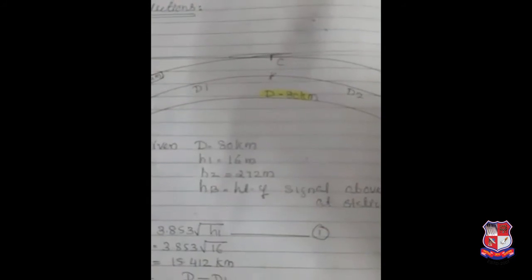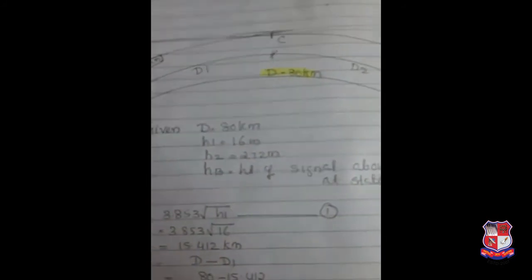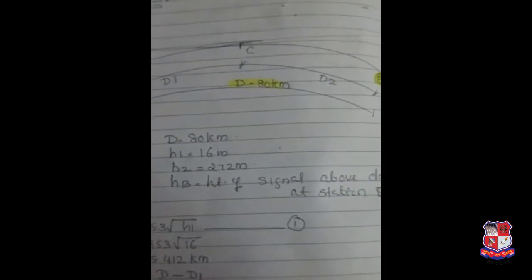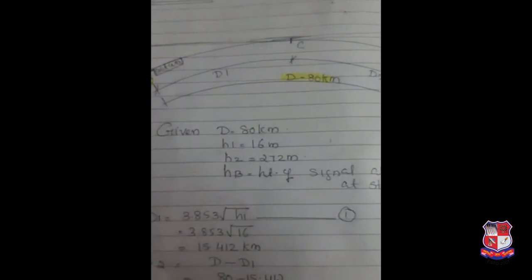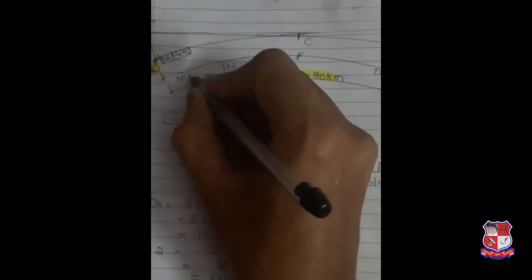See, the question is like this. Two stations A and B are 80 kilometers apart, and have elevations of 16 meters and 278 meters above mean sea level. See, this is our profile.